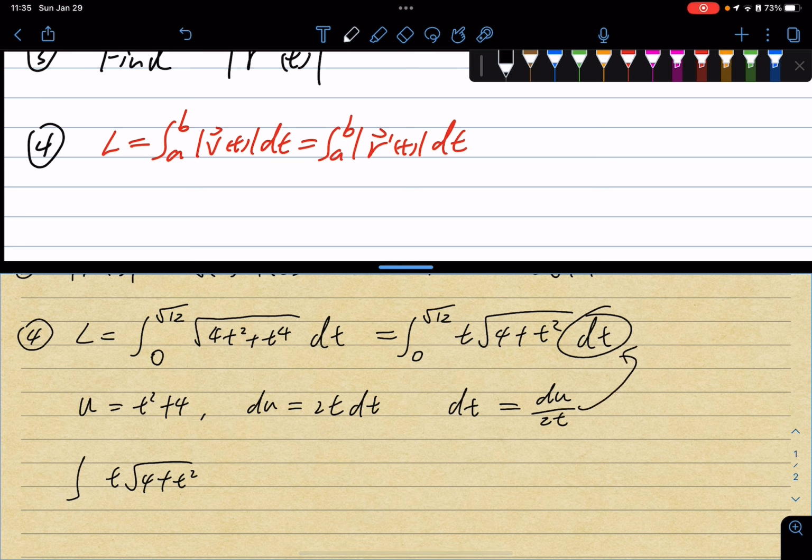So t, square root of 4 plus t squared, and then we substitute dt with du over 2t, which equals 1/2, and then we substitute this with u. So the integral of square root of u, 1/2 du.